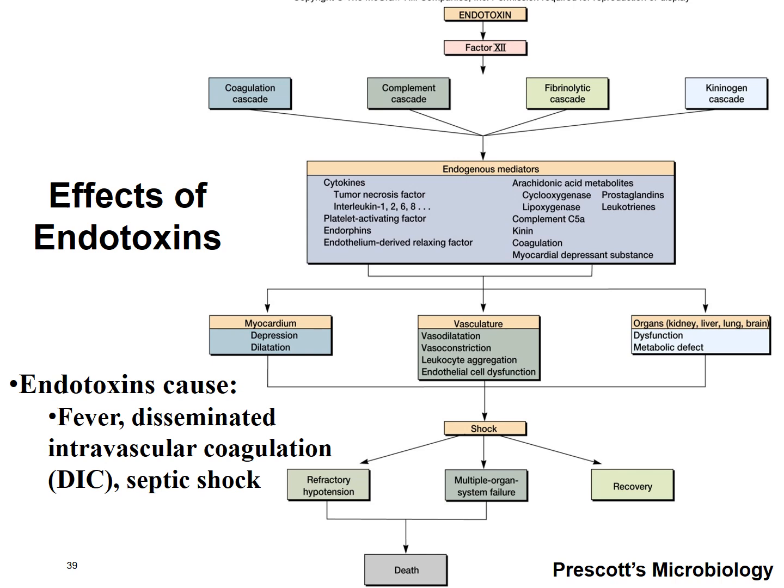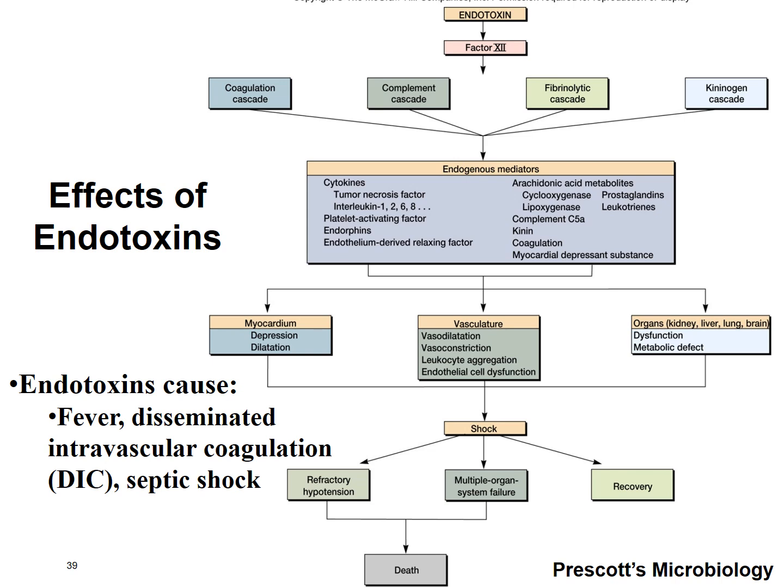And DIC just means that the clotting factors in the blood will get triggered and you start clotting your blood inside your blood vessels. So disseminated just means widespread, and then intravascular just means you're getting these clots forming inside your blood vessels. And that's bad because these clots will then lodge in capillaries and then block blood flow to whatever's on the other side.